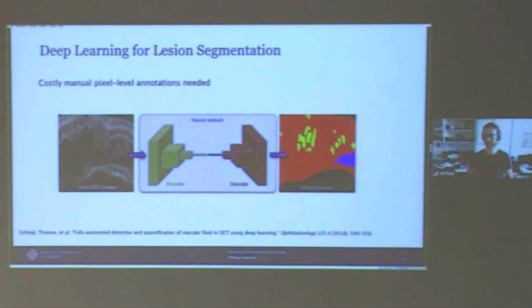Sorry, the slides are in the wrong order, but this should be the next one. So for each input pixel, we try to predict the class of this specific pixel. In this example, we have the input OCT image, then the segmentation network in between, and then we predict background, which is black, red would be the retina, and green and blue are some lesions within the retina.